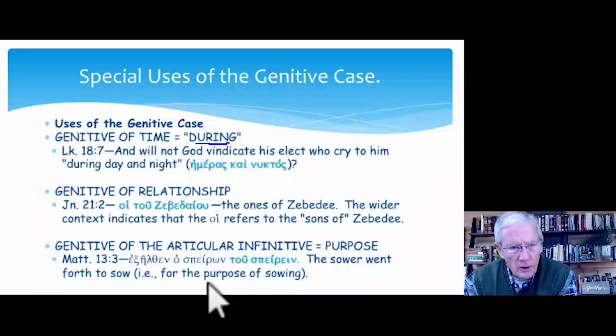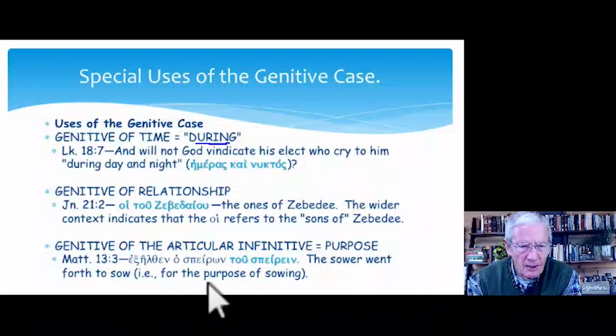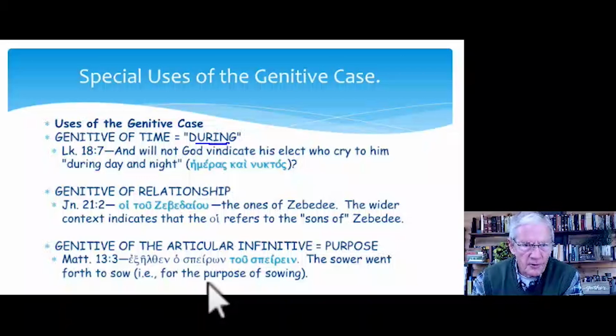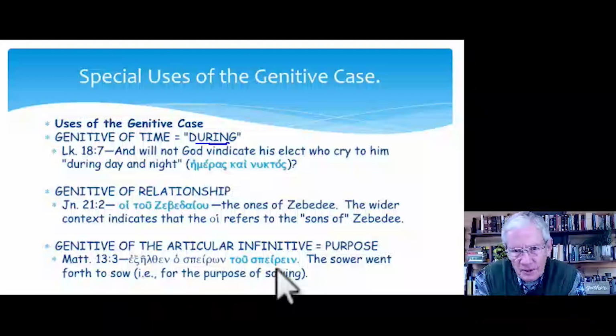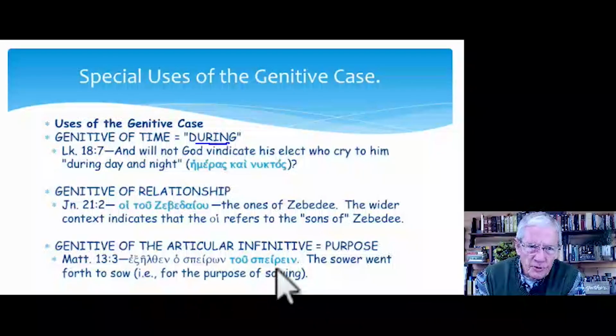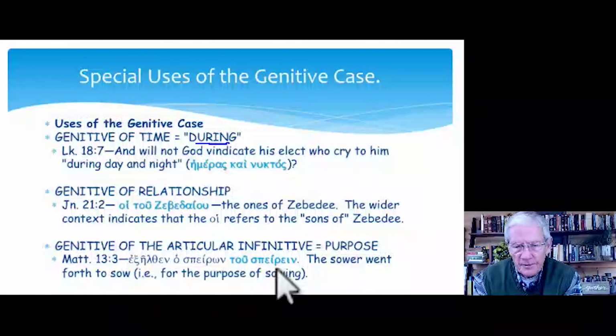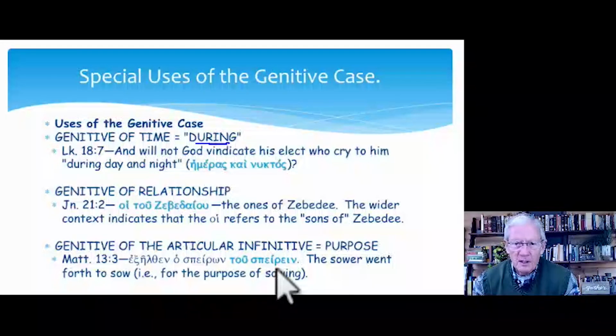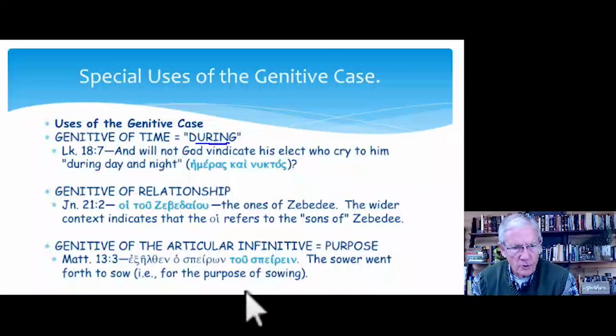The sower, or the one who sows, exelthen, went forth. Now, speirein is a present active infinitive of speiro, and notice the tou before the infinitive. It's genitive, so that expresses purpose. The sower went forth for the purpose of sowing.